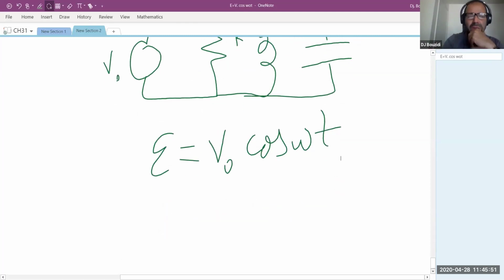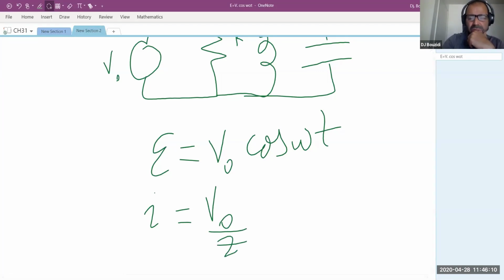We're going back to the series circuit now. And the current turned out to be, if I remember the expression for it, it had a cosine also. Yeah, it has a cosine. It was V naught divided by Z times the cosine of omega t minus phi.